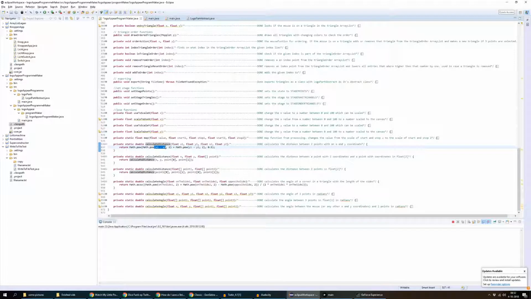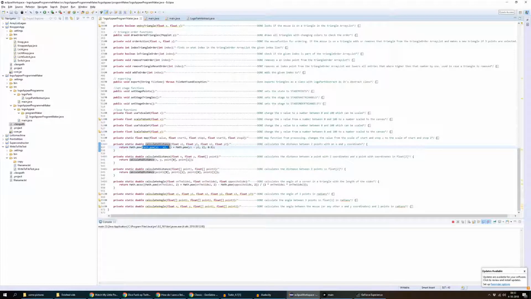Then a has to get squared. We do that with Math.pow, then what needs to be powered, and then by what it needs to be powered. So it needs to be squared, so Math.pow a, 2. Then we do the same for b, and in this case we put in the y values.